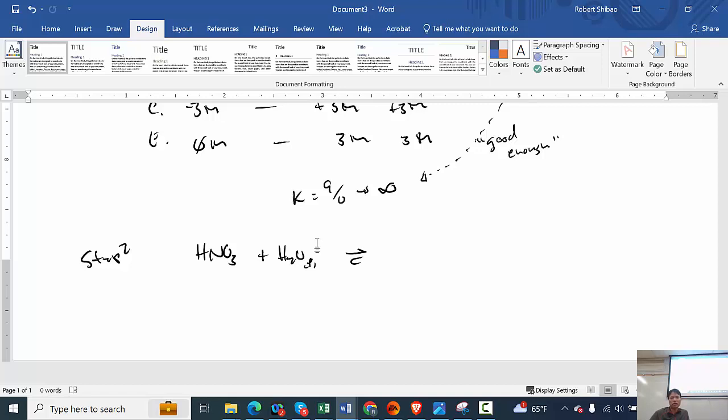And so if we take nitric acid and water, we're going to make hydronium and nitrate. K for nitric acid is also equal to very large.